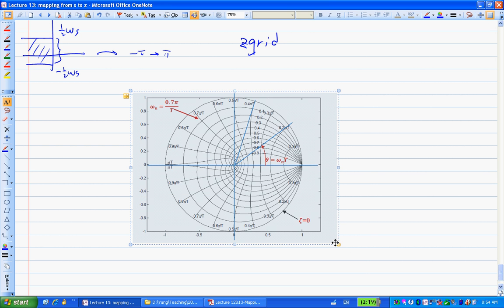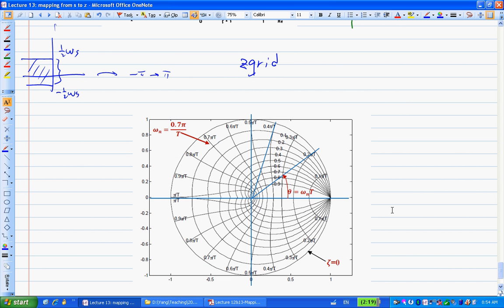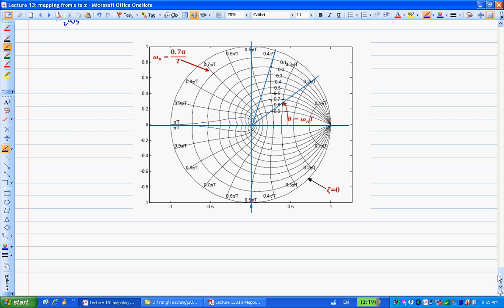This plot shows these different constant damping ratios and different natural frequencies. It separates this 0 to pi into 10 portions, so 0.1 pi up to pi here. Now, I'll show you one example as to how to make use of this zgrid.